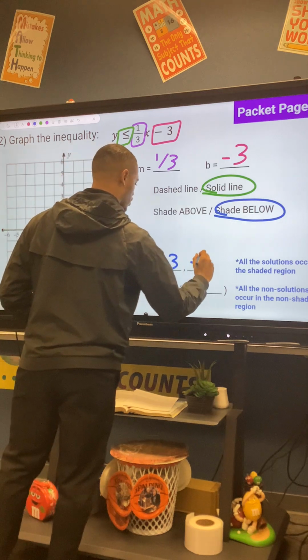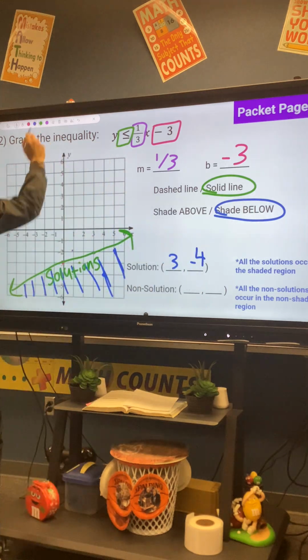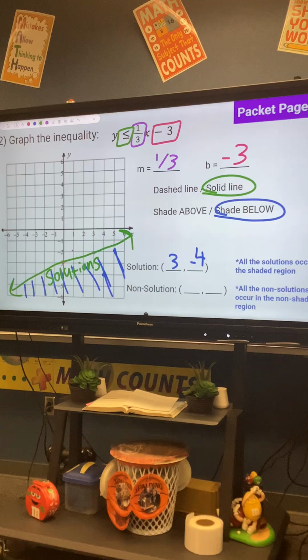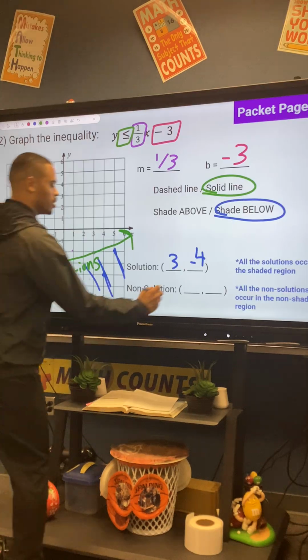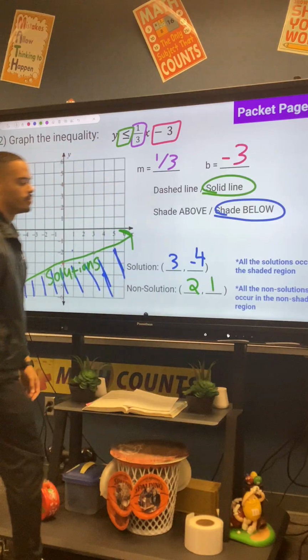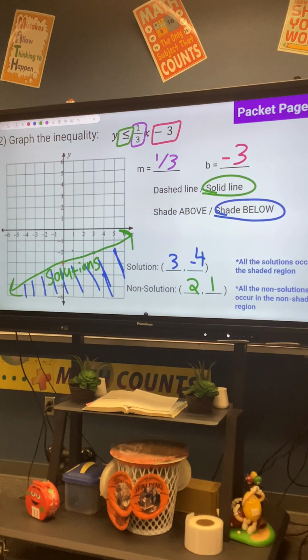Pick a point outside of this shaded area. Ms. Mitchell has told y'all to stay away from this line, but in this case, since we have an or equal to, that means any point on this line would also be a valid solution. But she's just trying to make it easier for y'all.